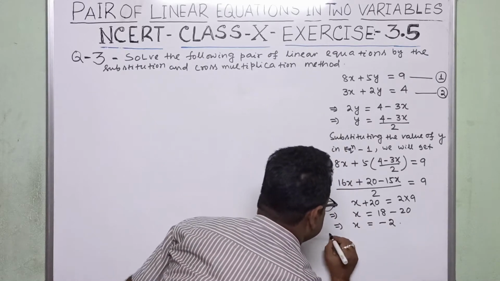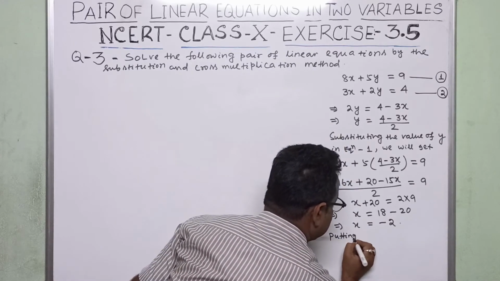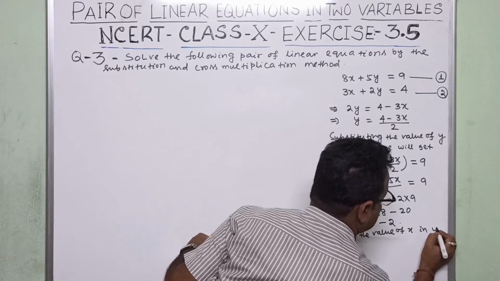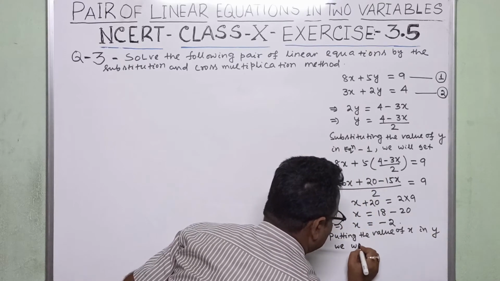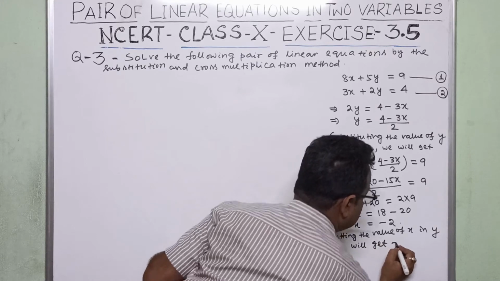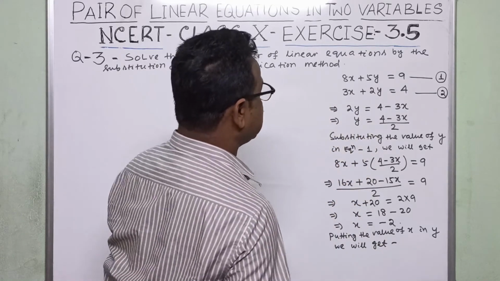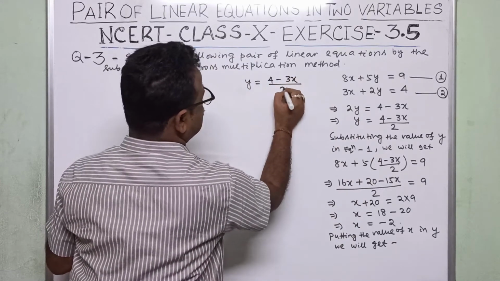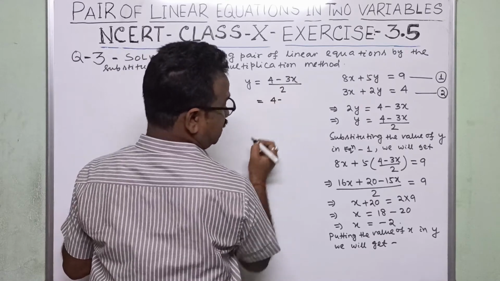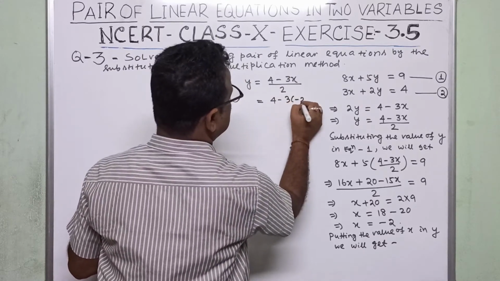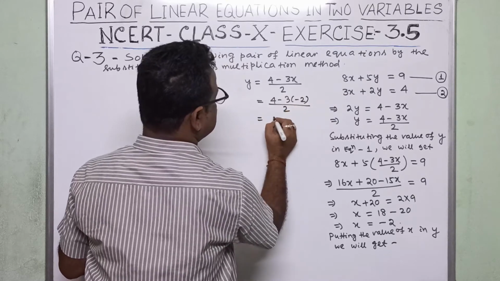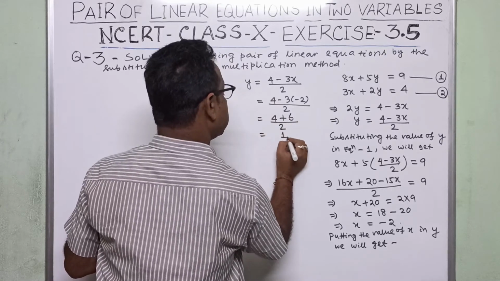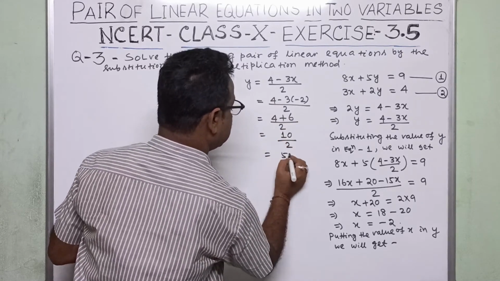Now, putting the value of x in y, what will we get? y is equal to how much? y is equal to (4 minus 3x) by 2, that is equal to (4 minus 3 into minus 2) by 2, is equal to (4 plus 6) by 2, is equal to 10 by 2, is equal to 5.